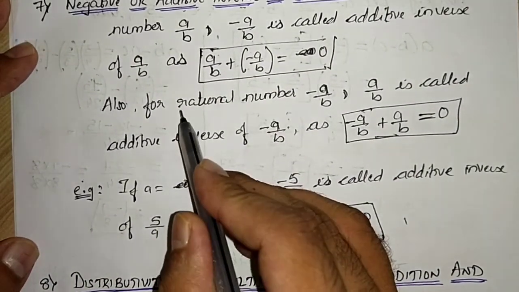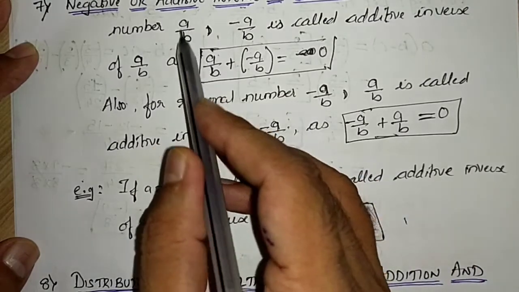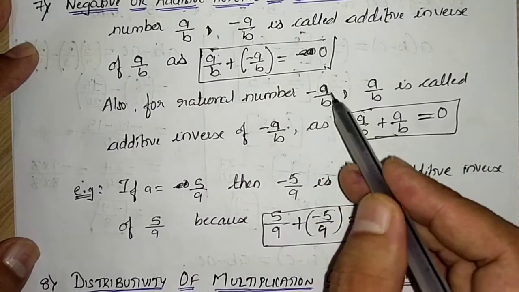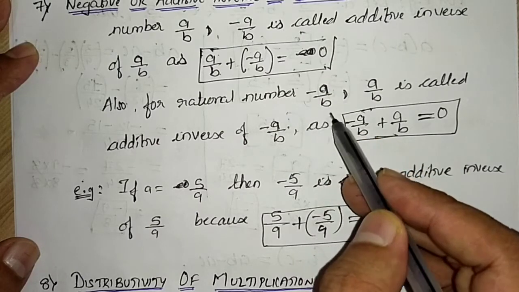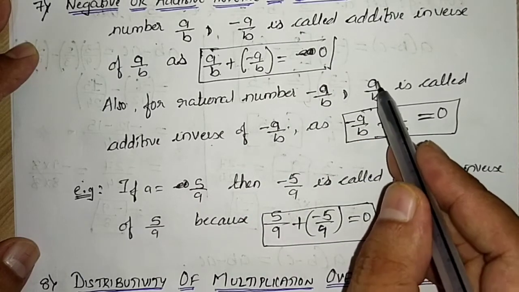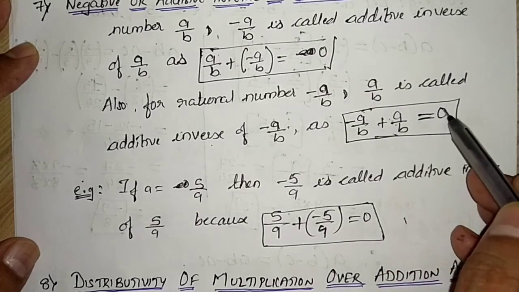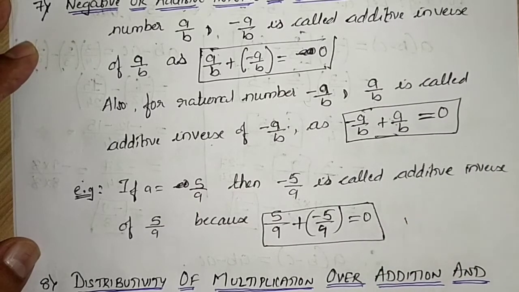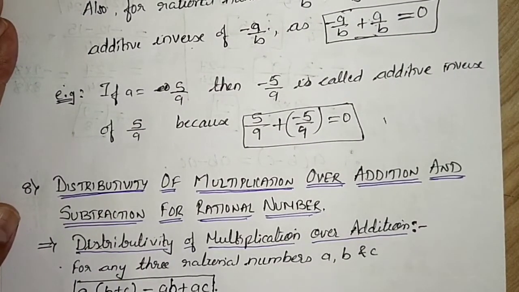Also, for the rational number minus a by b, its additive inverse will be plus a by b, because when you add both of them, you get the answer as 0. Let me try to explain with an example.